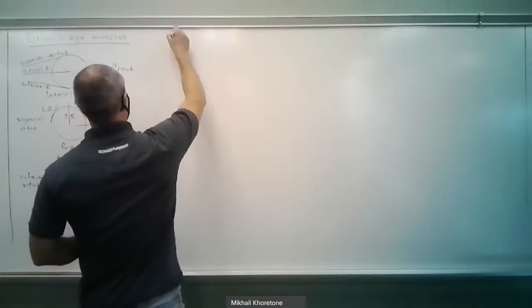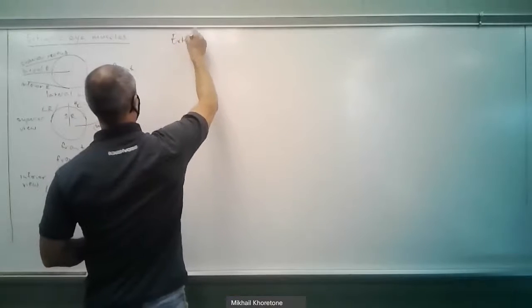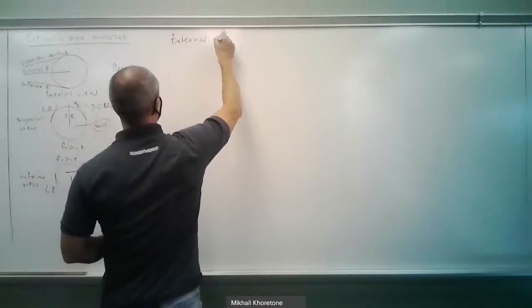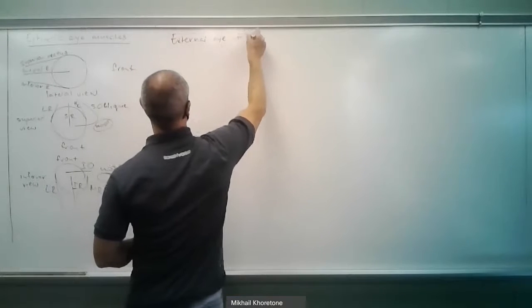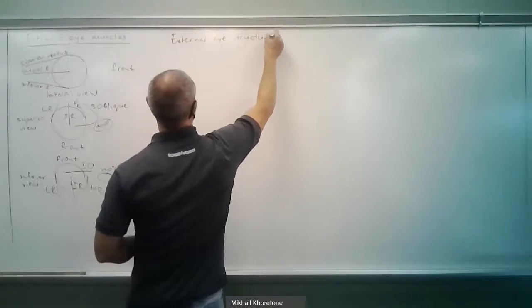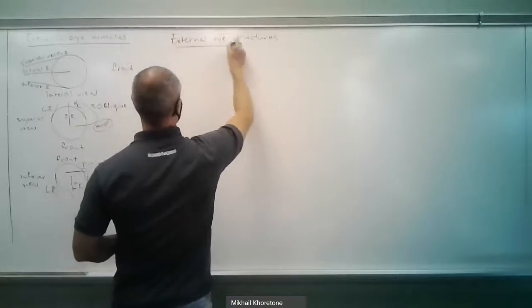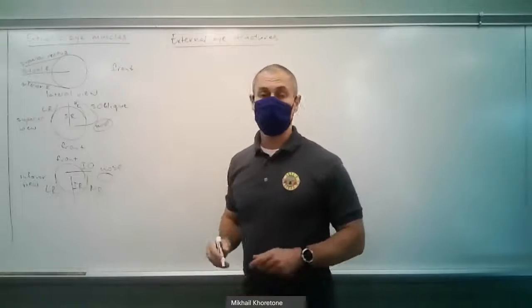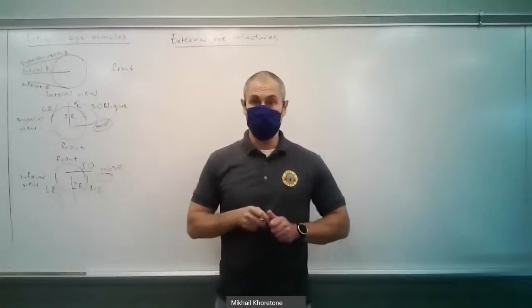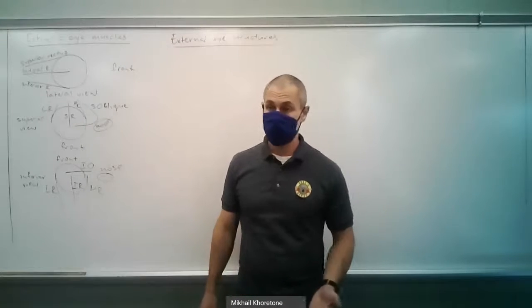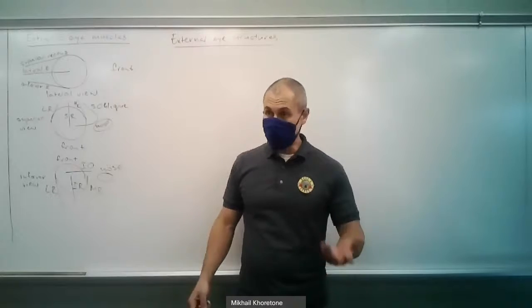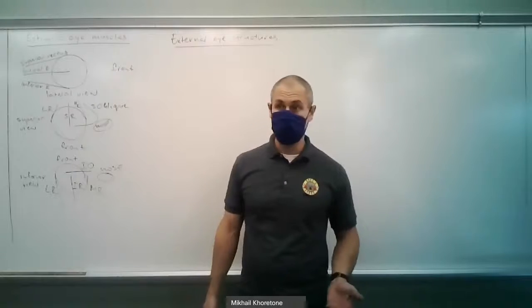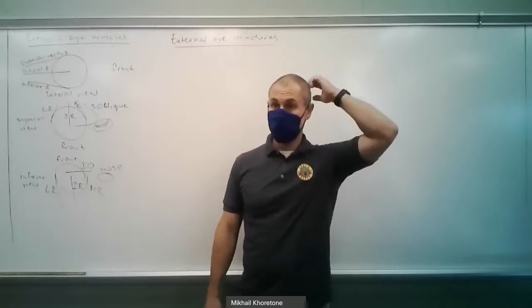External eye structures that are worth mentioning. Some of them I'll just mention because they're kind of obvious. Eyelids, palpebrae, superior and inferior eyelid.